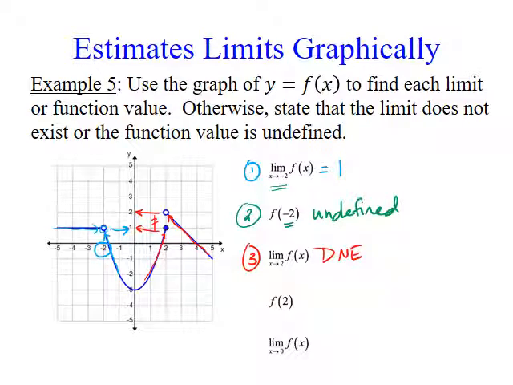However, I can find the function's value at 2, and that's wherever there's a closed circle. So the function is defined here. This ordered pair is 2, 1. So when x is 2, y is 1. So that means this is equal to 1.